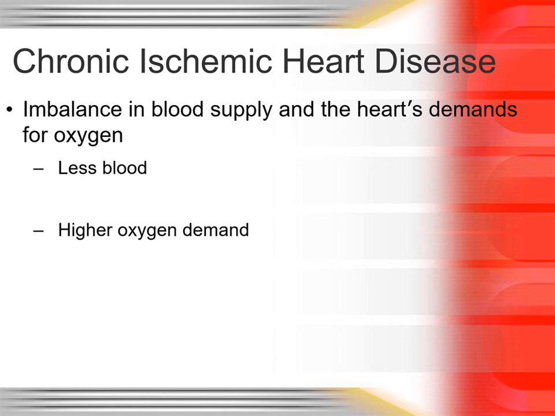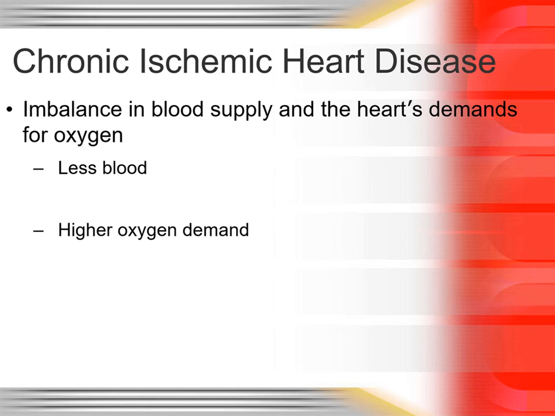So we have less blood flowing to the heart, but we have higher oxygen demands. Unless the blood can actually get to the area that's ischemic, you're not going to have relief of that ischemia in that area.